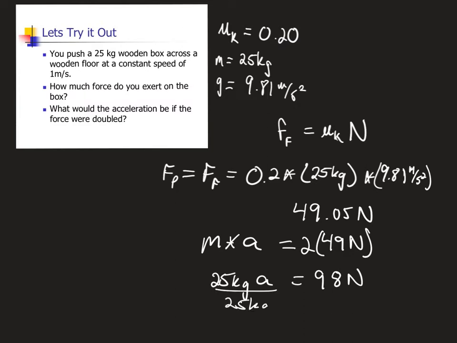We divide so that we can get a by itself. When we divide by 25 kilograms, we get an acceleration of 1.2 meters per second squared.